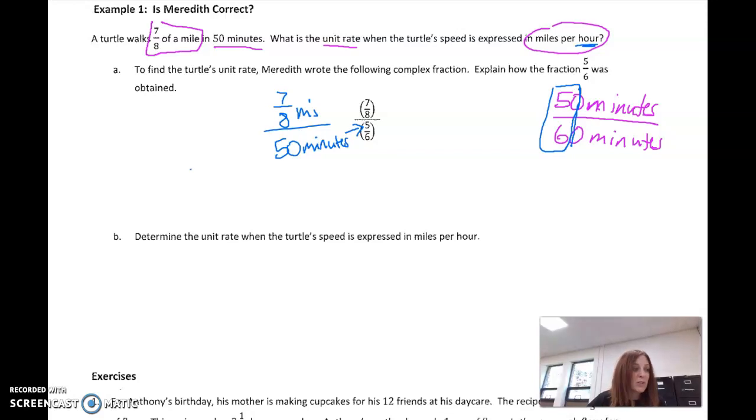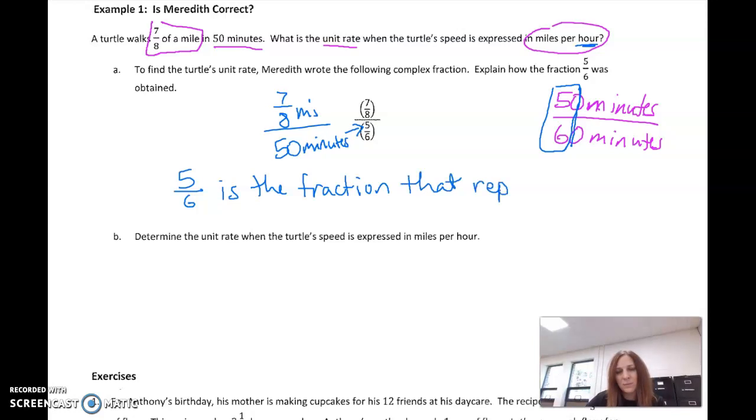Okay, so explain it. We'll just say 5/6 is the fraction that represents 50 minutes out of an hour.